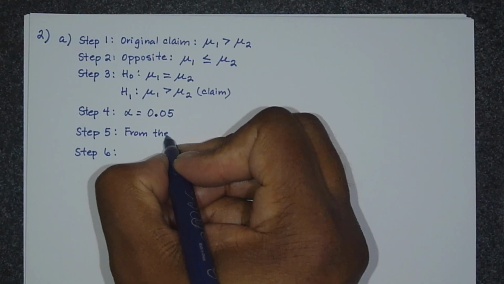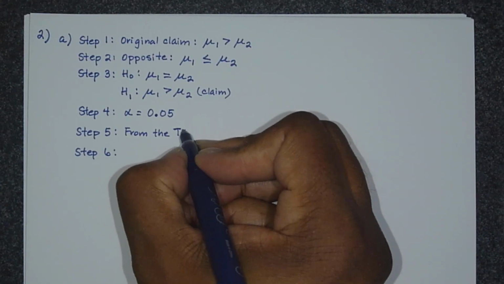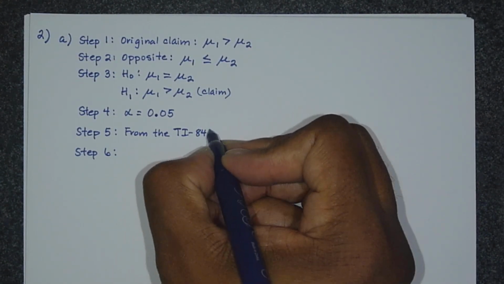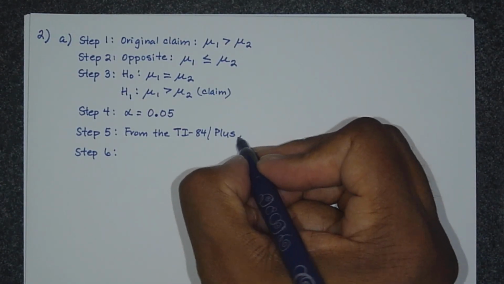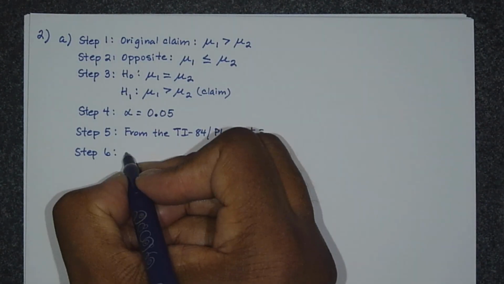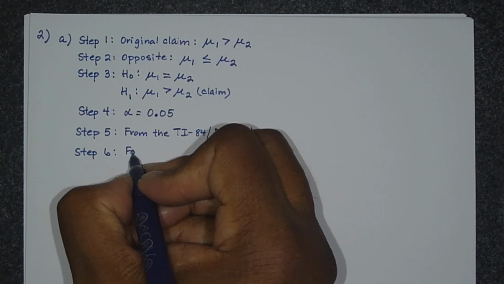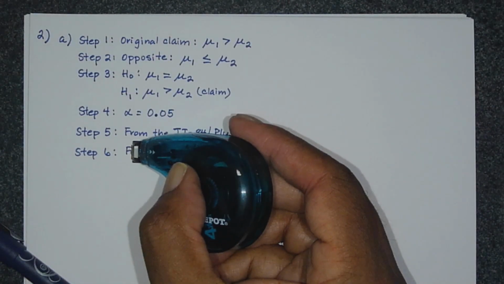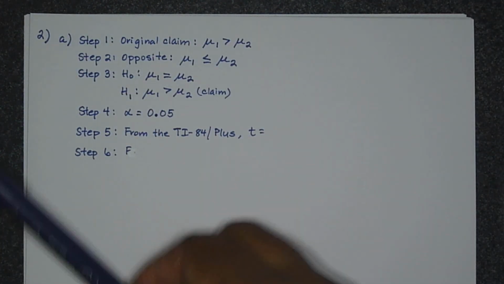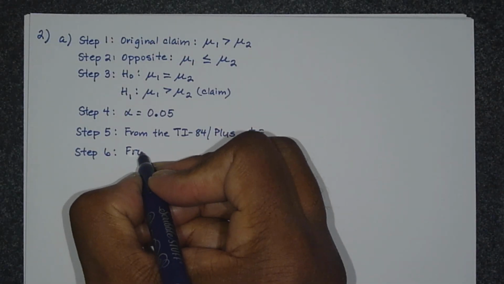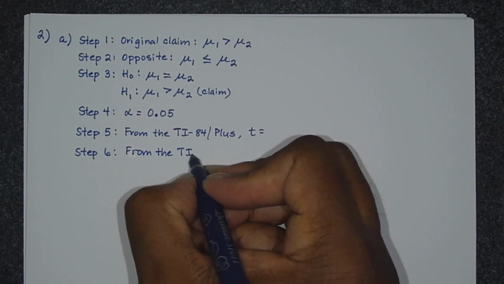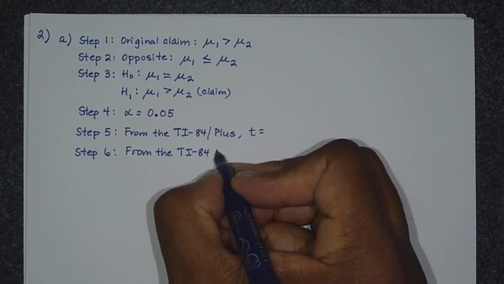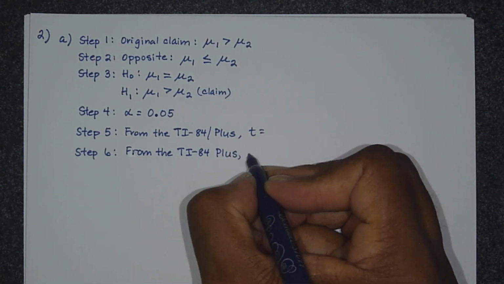So from the TI-84 plus we're going to be looking for the critical T value, and then from the TI-84 plus, we can get the P value as well.